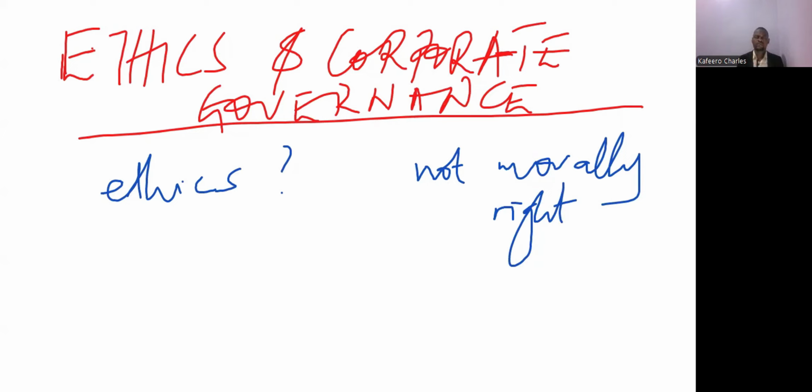For instance, we may have loopholes within the laws, and someone is going to use those loopholes to deny a service. Someone can use the loopholes within the laws to avoid paying taxes, or to commit something that is not morally right.